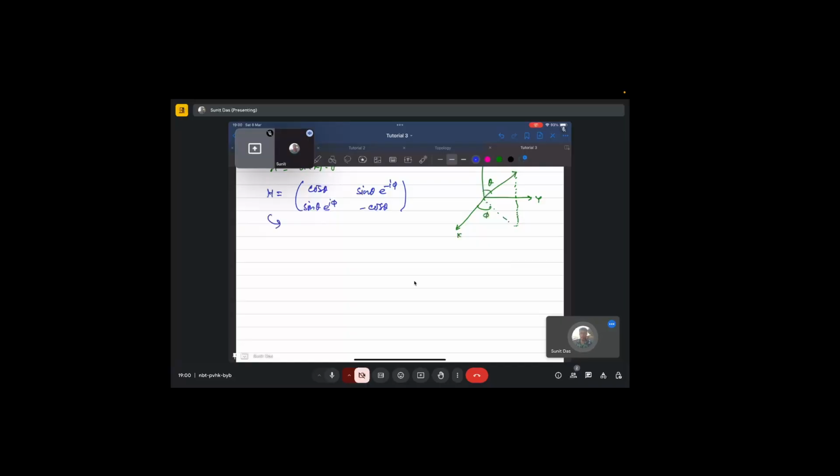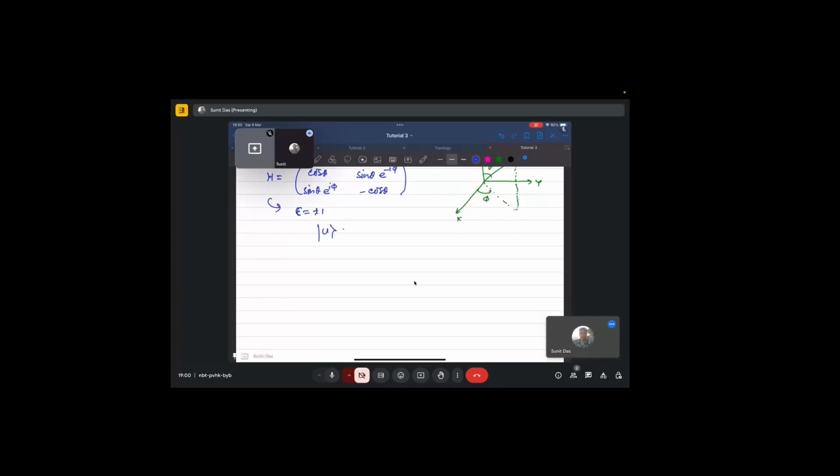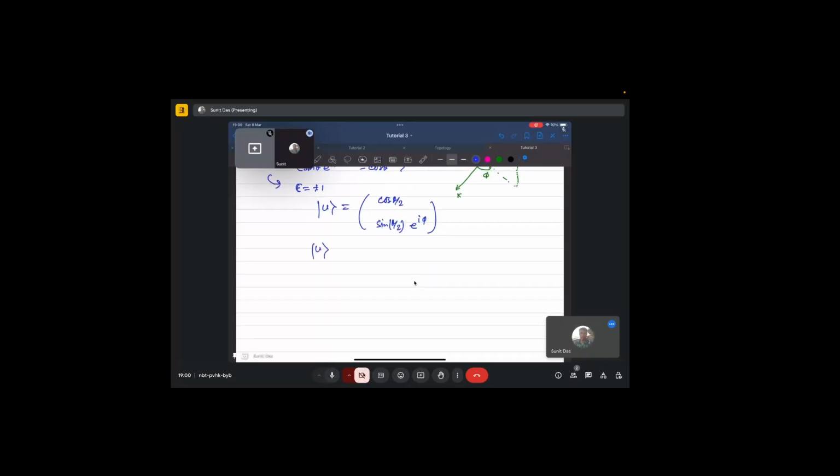And for this Hamiltonian, eigenvalues are plus minus 1 simply, okay, and the eigenstates are given by cos theta by 2, sin theta by 2 e to the power i phi, and this will be for the positive energy states, +1.